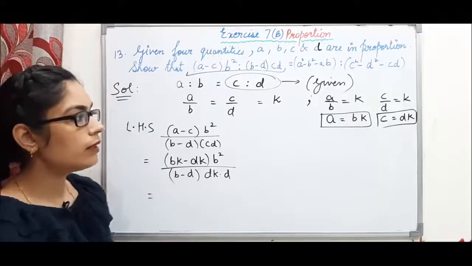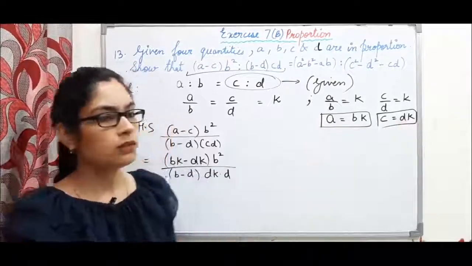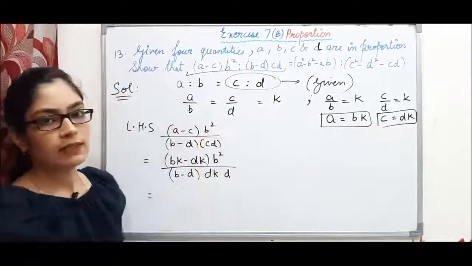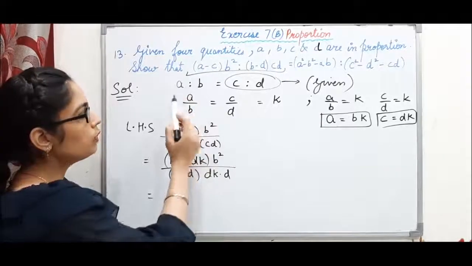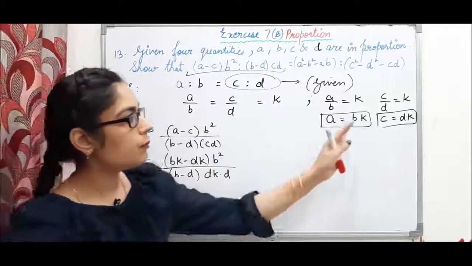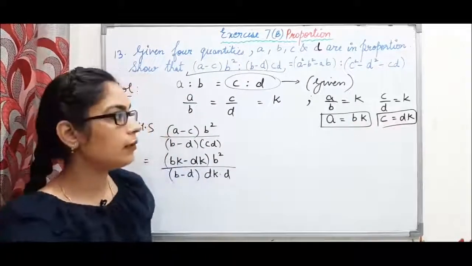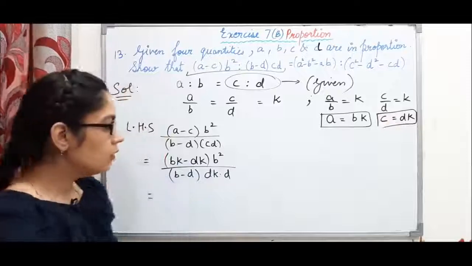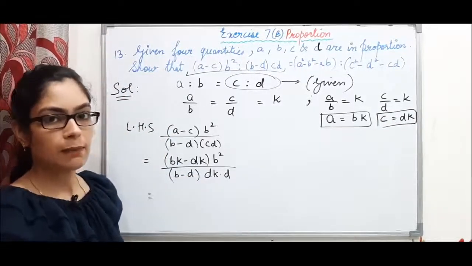See why we converted A in terms of B and C in terms of D: four different quantities are there, and if we make these quantities similar, writing A in terms of B and C in terms of D, then we can solve it, because two same quantities can be solved.